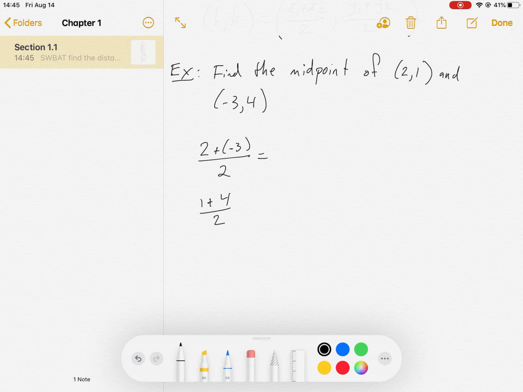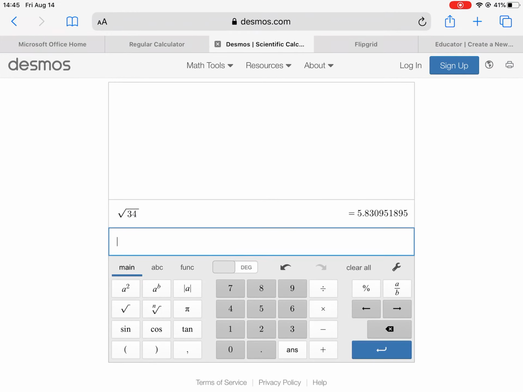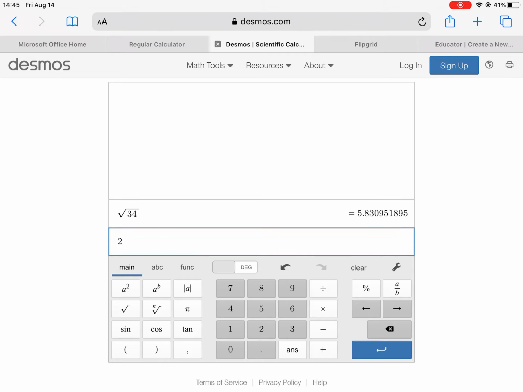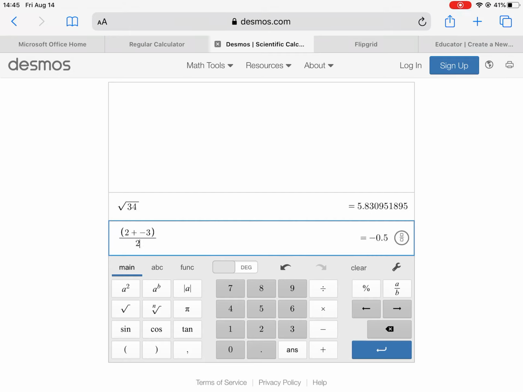So if I'm going into my calculator here, which you don't really need to do on this problem, but it's worth showing again, if I do 2 plus -3 divided by 2. Notice this isn't actually what I want. It's only dividing the -3 by 2, so really what I need to do is put parentheses around the numerator, 2 plus -3, and then I can divide by 2.